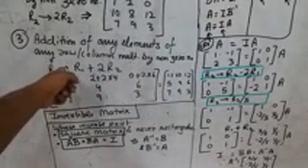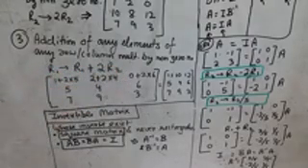Now the third point, addition of any element of any row or column multiplied by a non-zero number. Means R1 is changing to R1 plus twice of R2. This first row is changing to what?